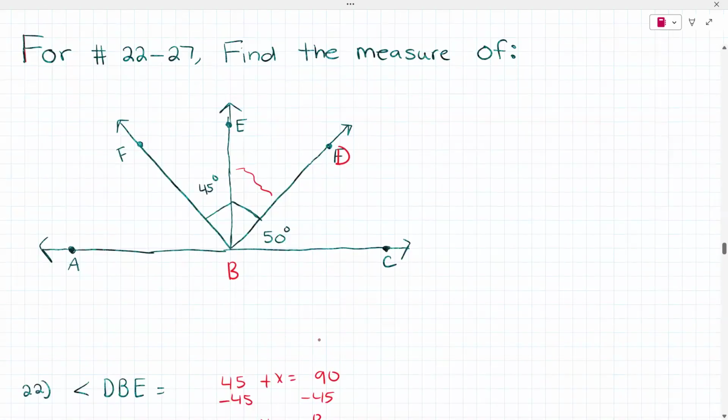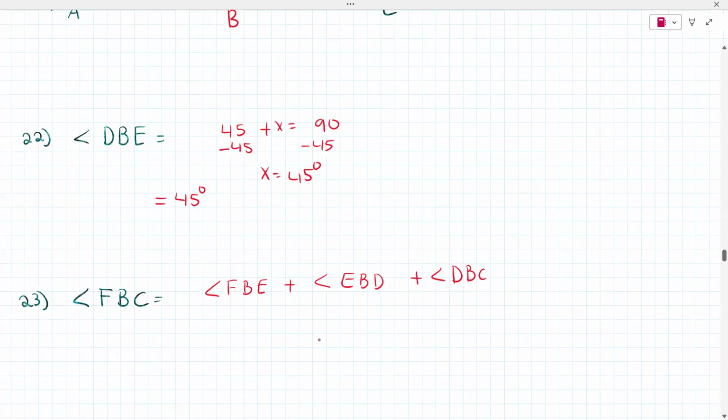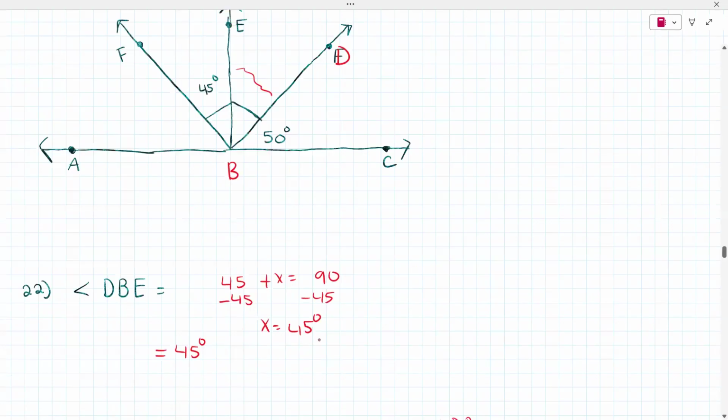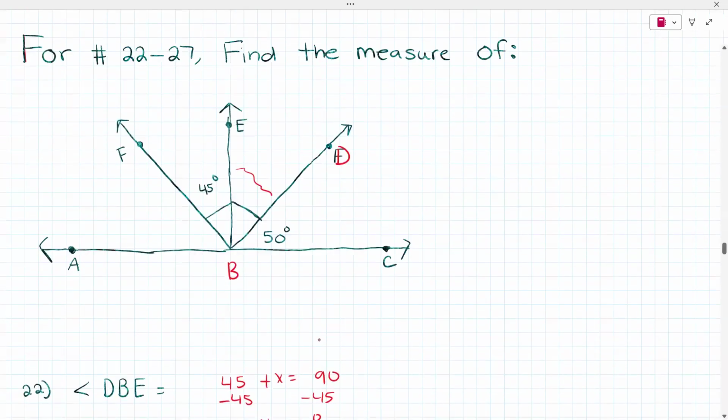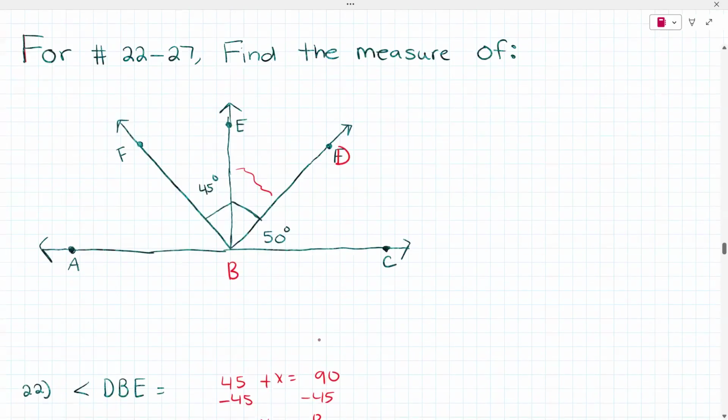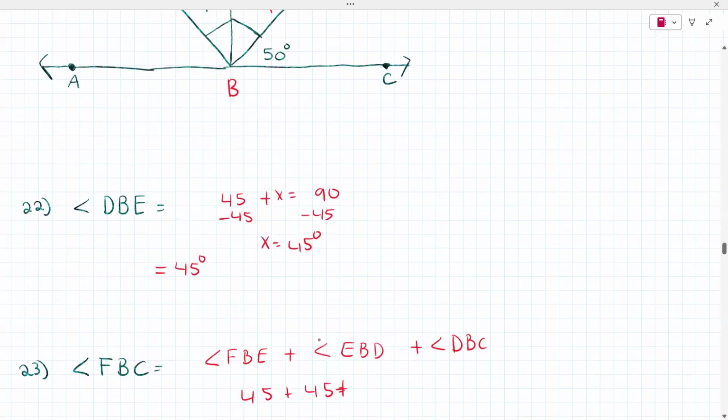Do we know what angle FBE is? Yes, 45. Do we know what angle EBD is? It's the same thing as angle DBE, so that's also 45, plus angle DBC, which is 50.